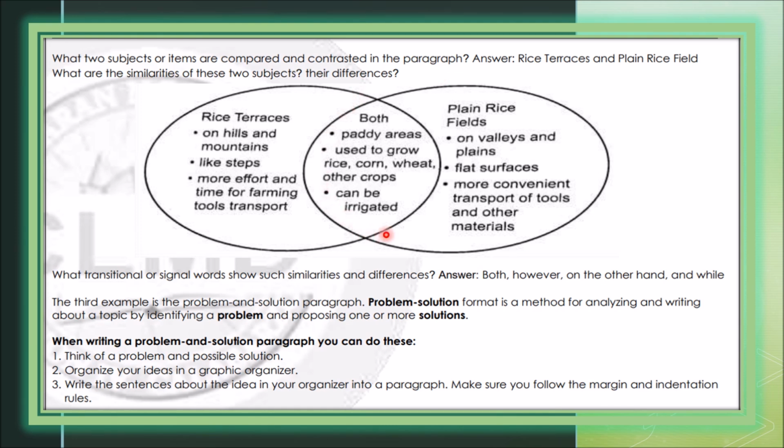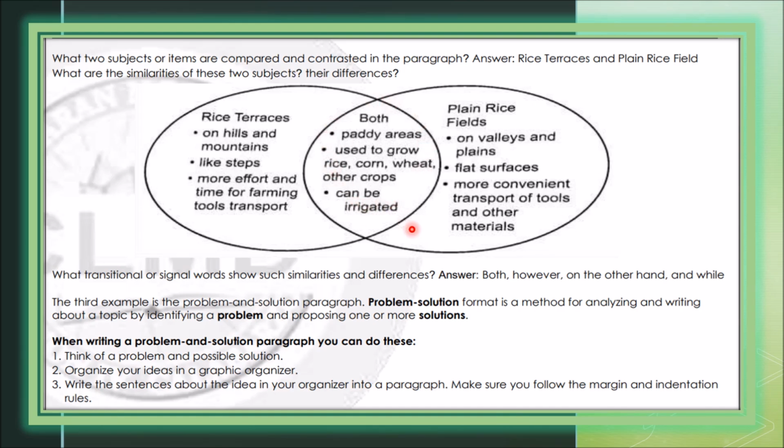Of course, dito sa gitnang ito. Diba? Both. Both are paddy areas used to grow rice, corn, wheat, other crops can be irrigated. How about their differences? Siyempre, may pagkakaiba yung rice terraces sa plain rice field. Diba? Ito yung kanilang pagkakaiba. So, malalaman nyo kapag magkakaiba sila sa both side nito. Ito naman ang pagkakatulad nila.